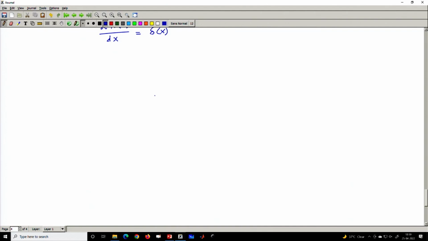Now, I consider a boundary like this, where some charge distributions are present. Suppose the charge is distributed over the entire xy surface, and the electric field goes from this direction to this direction.